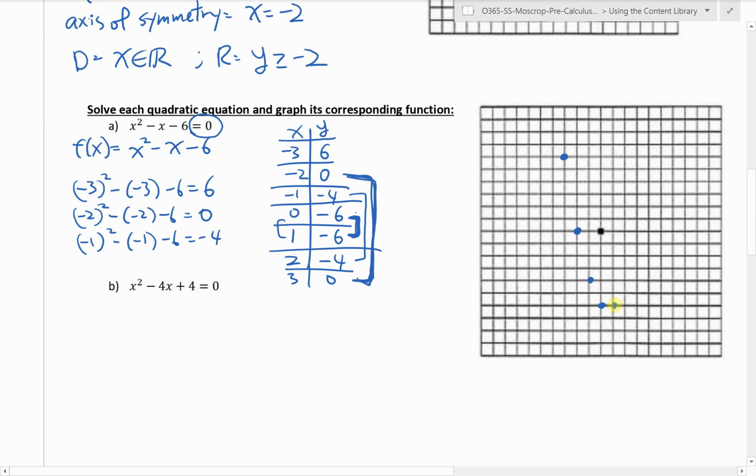I don't know where it's going to be exactly, but it's not a point. We don't really care. 2, -4, 3, 0, 4, it's going to be at 6, like that. So here is our graph. It's going to go and then come back up. Oh, I missed it.